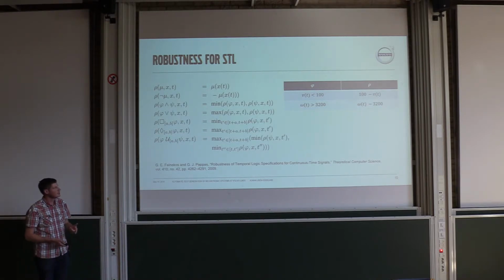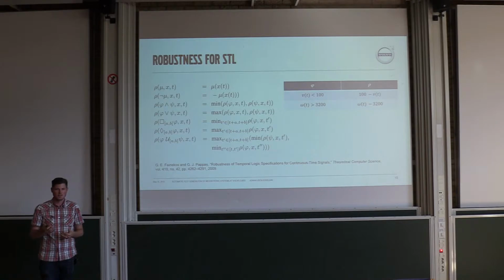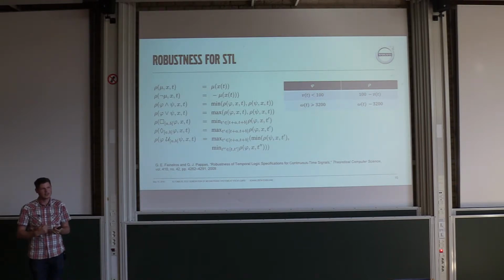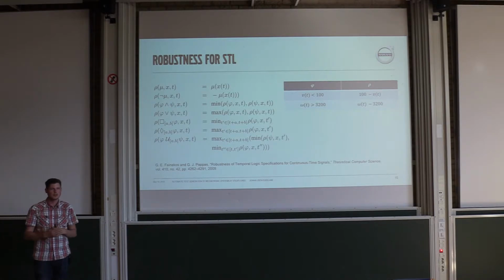The reason for this is that instead of just giving us a logical value of either true or false, the robustness value says that if the robustness is positive, then the specification is fulfilled. If it's negative, then it's not fulfilled. And the magnitude of the robustness tells us how far away we are from failing or from passing the specification.